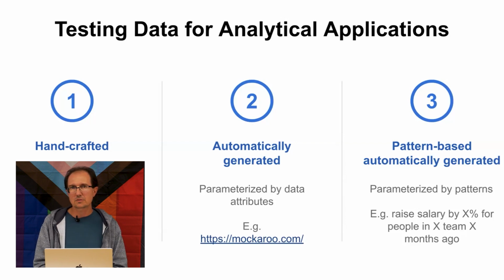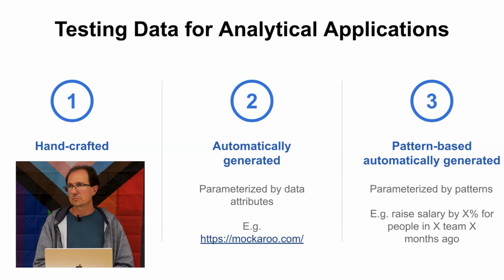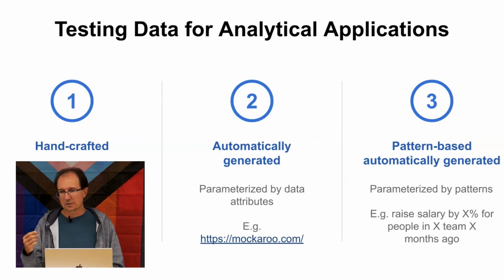In our particular case, we're discovering patterns. So what we need is an easy way to generate a certain volume of data that has certain patterns that we want to make sure the algorithm will detect. For that reason, we have a third way, or you can even implement the third way, which is pattern-based automatically generated data.